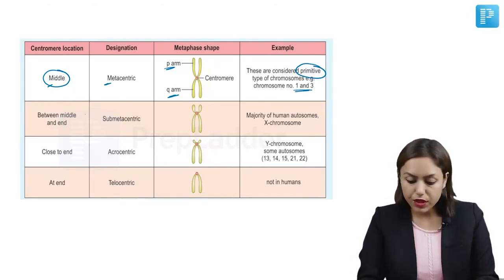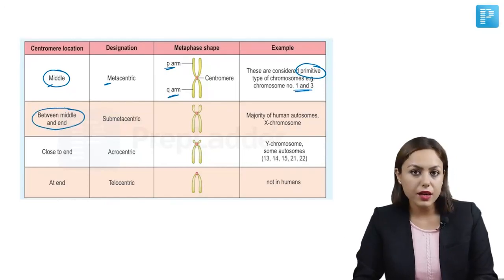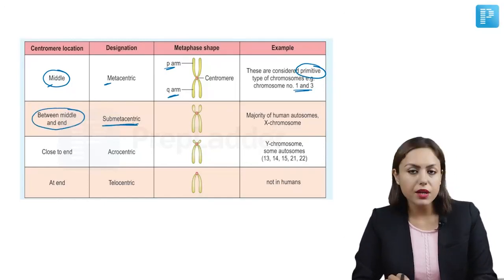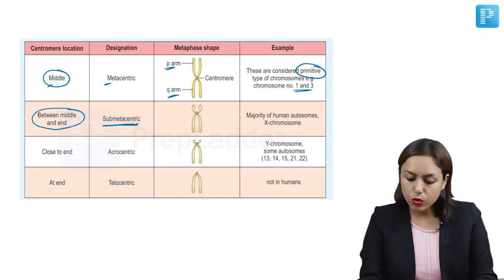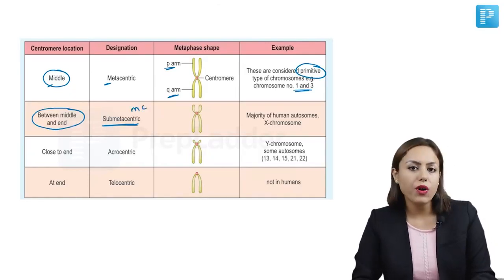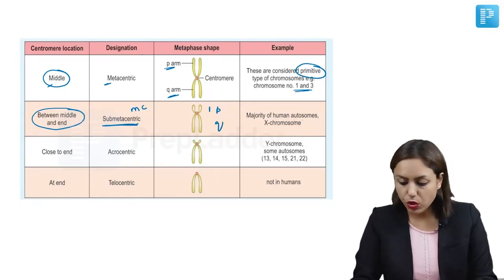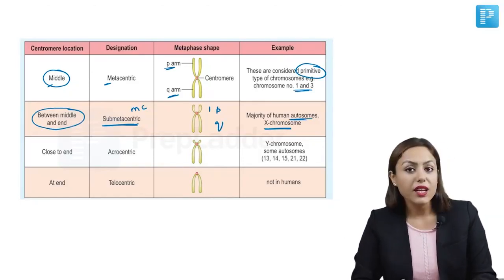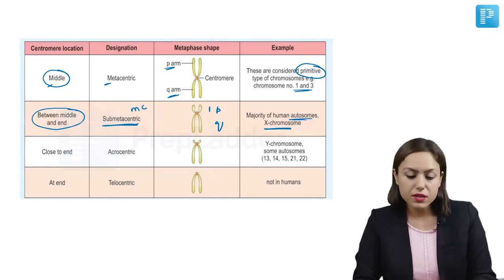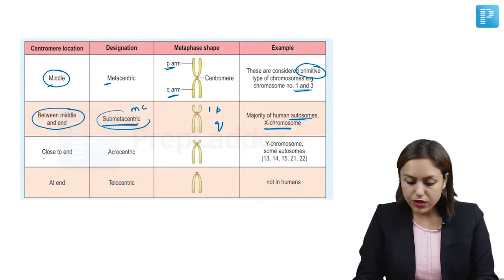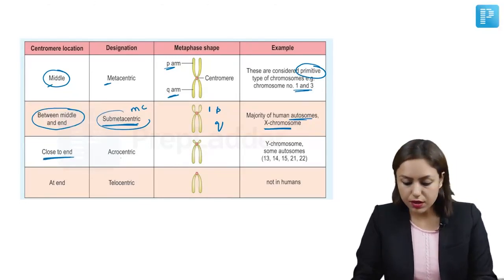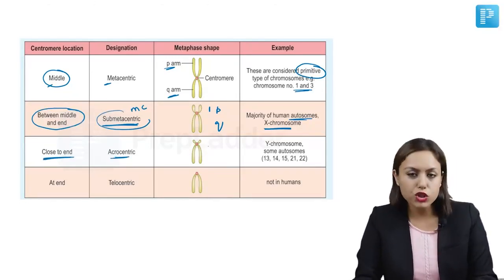Then if the centromere is between the middle and the end, it is a submetacentric chromosome, which is the most common chromosome found in humans. The P arm is short and the Q arm is long. So the majority of human autosomes and the X chromosome are submetacentric. Then if the centromere is very close to the end, it is acrocentric, with a very short P arm.